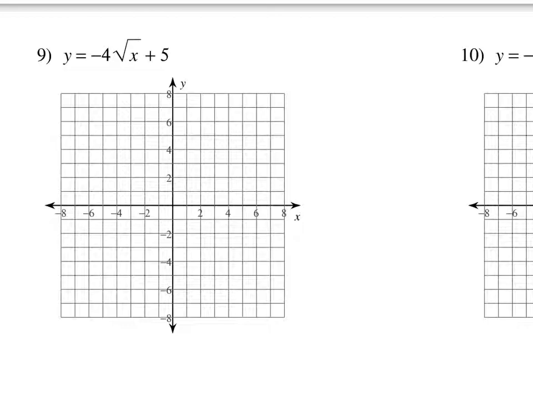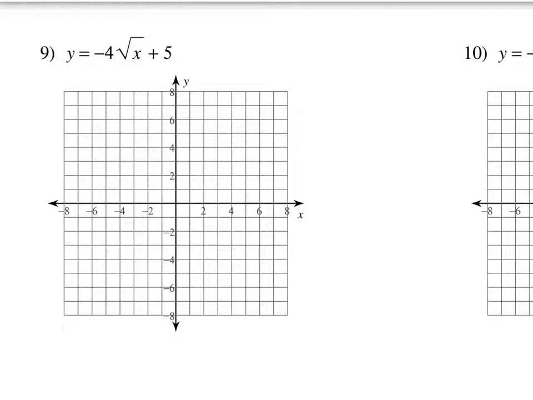Okay. So, taking a look here. First off, please remember the general form for a square root function is y equals a times the square root of x minus h, plus k. Now, the x minus h is underneath the radical. The radical stops.